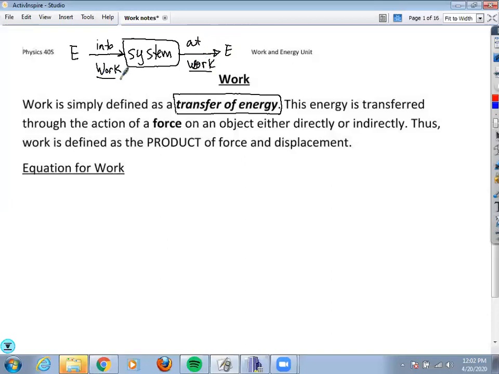Okay, so work is a transfer of energy, and basically the way this energy is transferred is through the action of a force on an object.